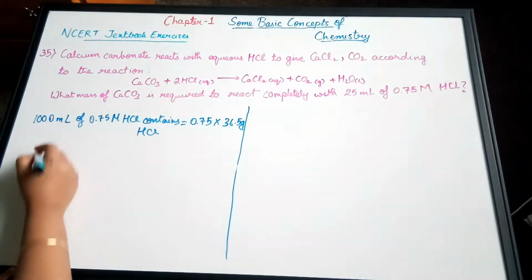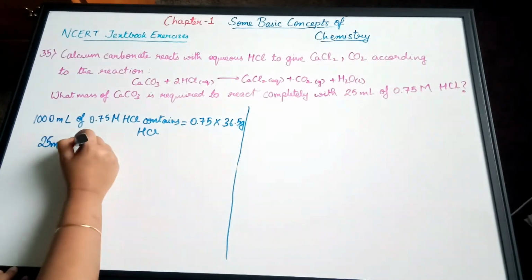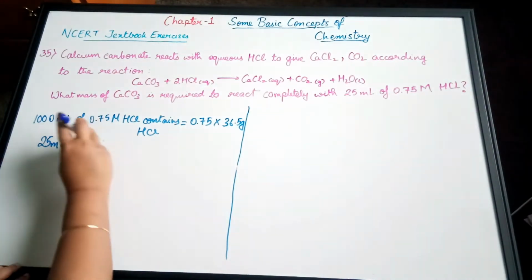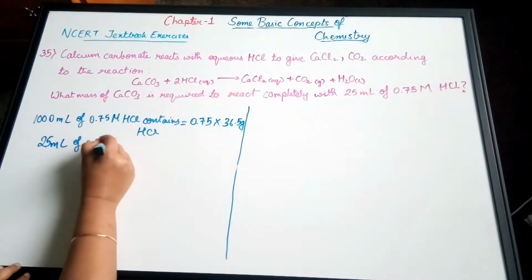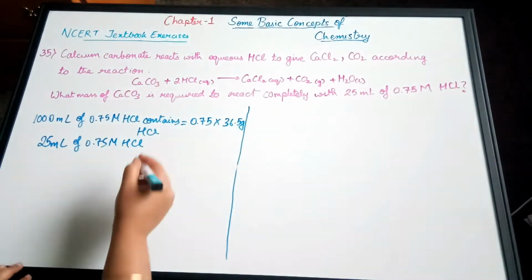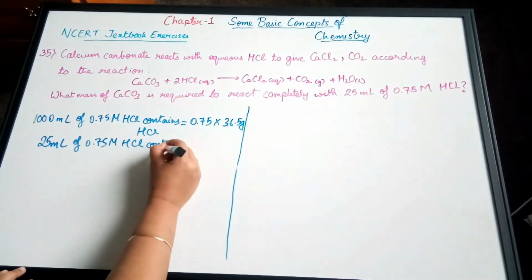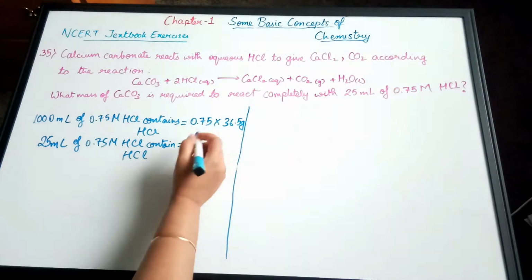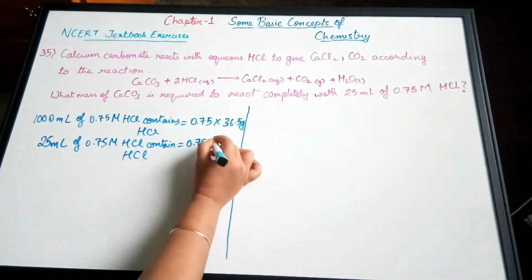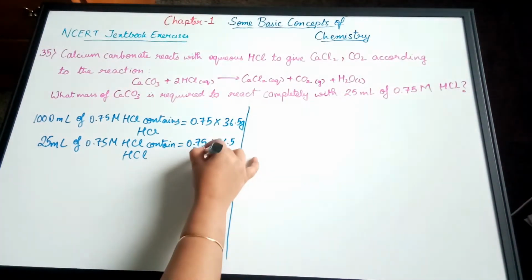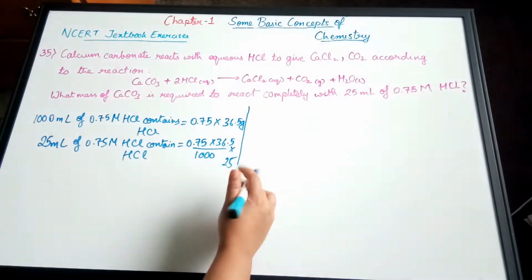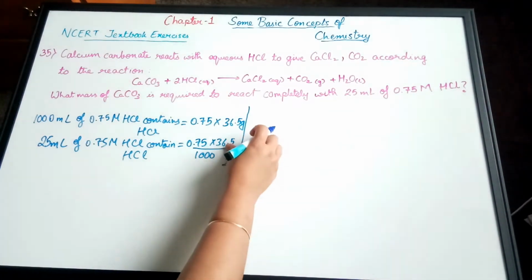Now, 25 ml of 0.75 molar HCl will contain how much HCl? This is done simply by our cross multiplication method. 0.75 into 36.5 whole divided by 1000, into 25.